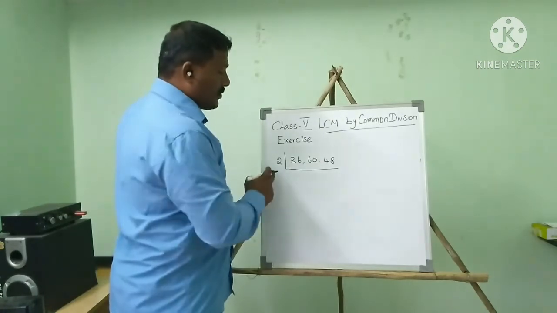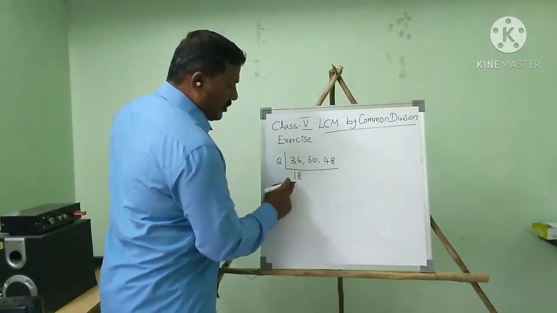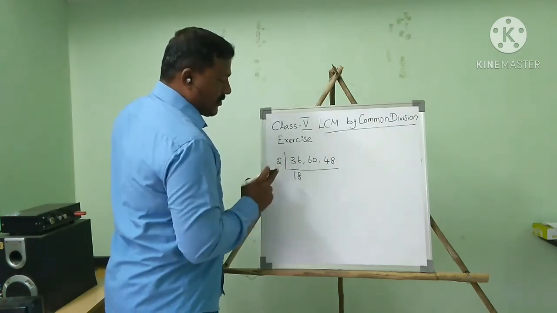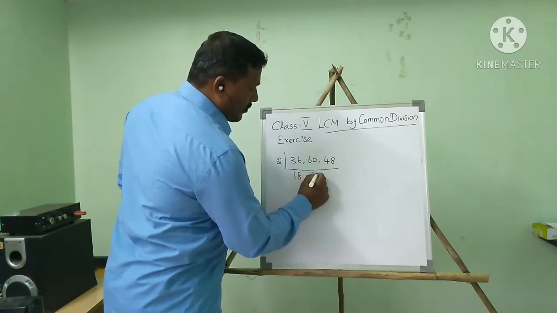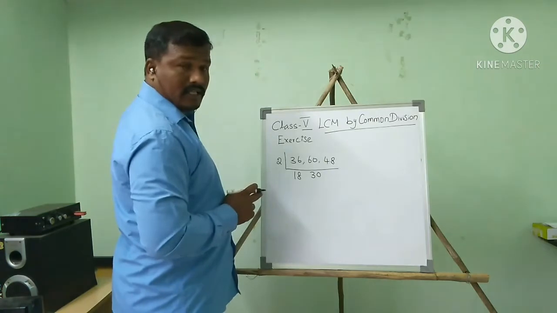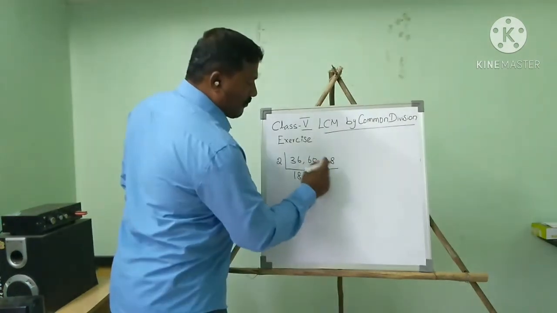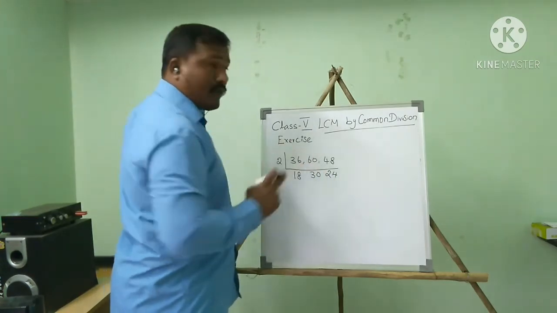So 2 18's are 36. 2 30's are 60. Then 2 24's are 48.